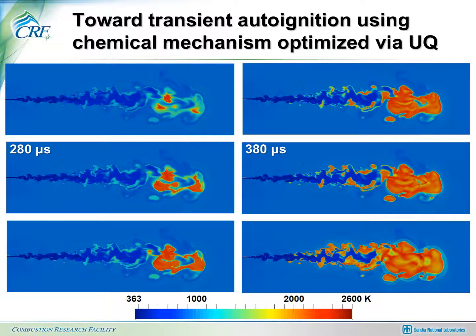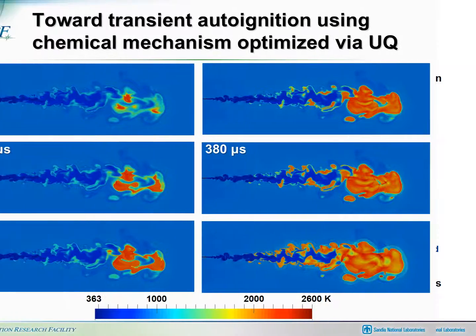So last slide before the summary is, this is just to highlight, we have taken a first cut at very simple mechanisms to look at autoignition, and these are just some initial cross cuts that I don't want to say too much about, other than we're just following the same systematic path that I tried to convey in this presentation.